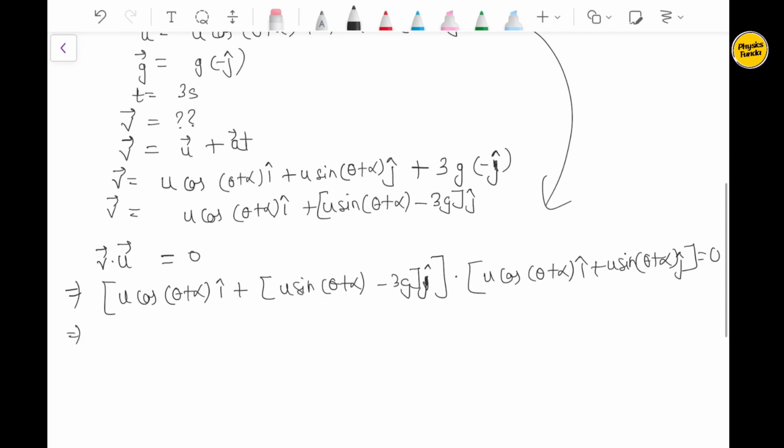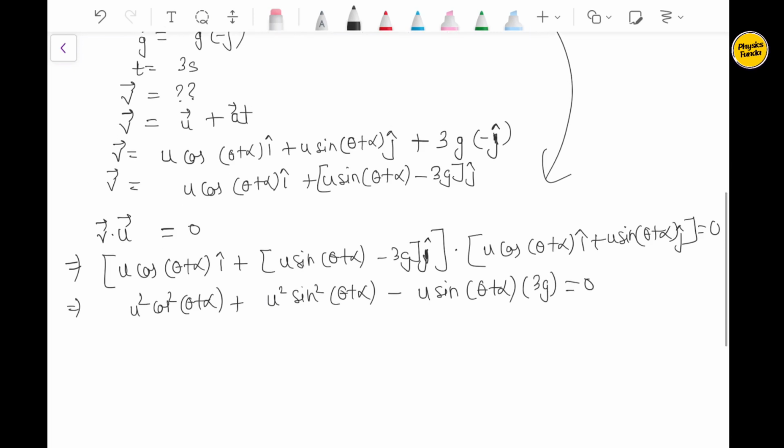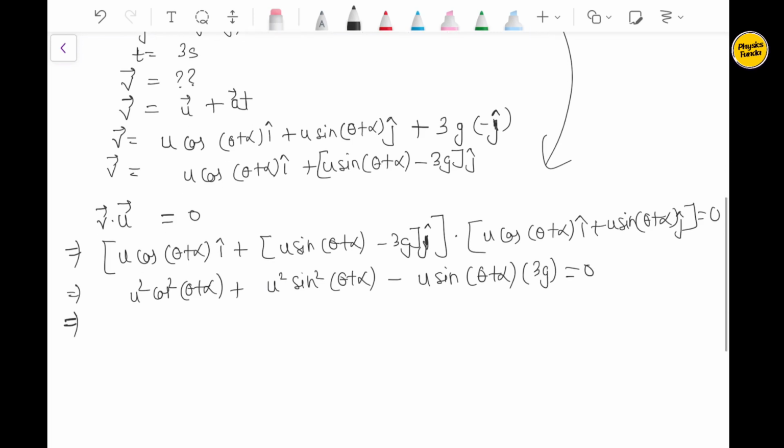Let's simplify this. This can be simplified to u squared cos squared(theta plus alpha) plus u squared sin squared(theta plus alpha) minus u sin(theta plus alpha) times 3g, and this is equal to 0. If you see, these two terms can be combined into u squared, right?